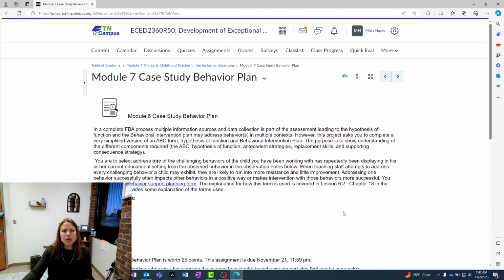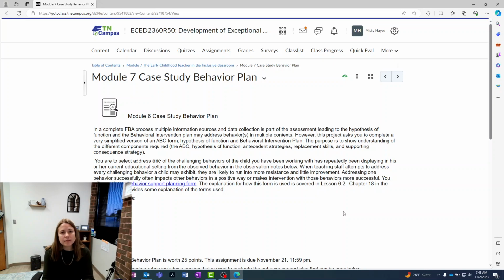The next part of this is two-part. Whenever we're doing a lesson, we have to always go back and look at behavior as well, okay? So whenever we conduct an FBA, or functional behavior analysis, we have to collect a lot of data, right? This data collection is how we come to our hypothesis, which is the function, or why this behavior is happening.